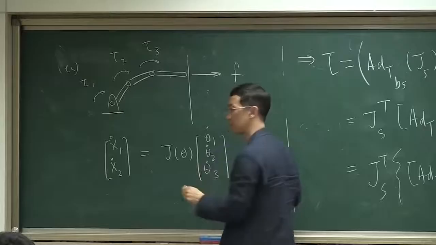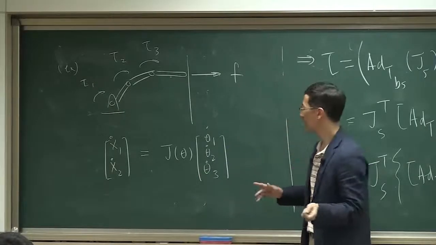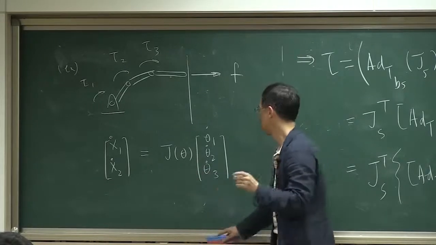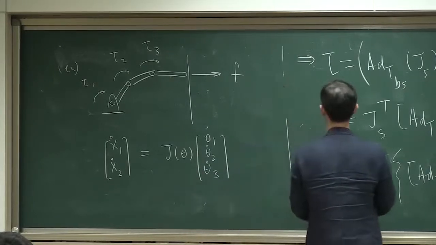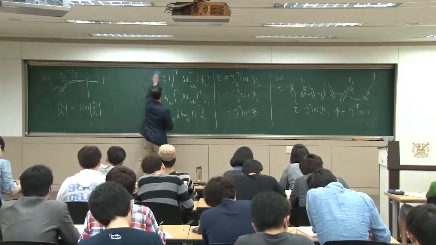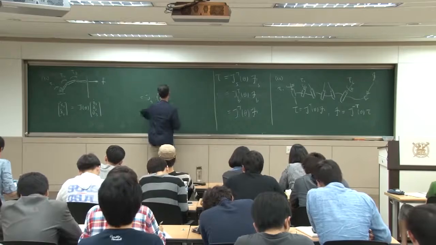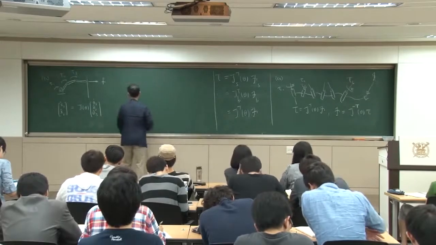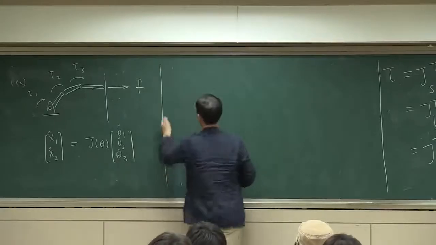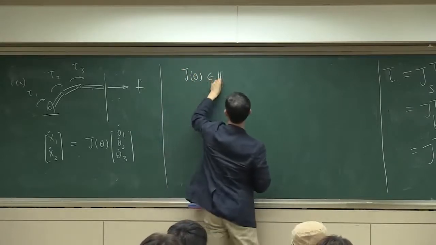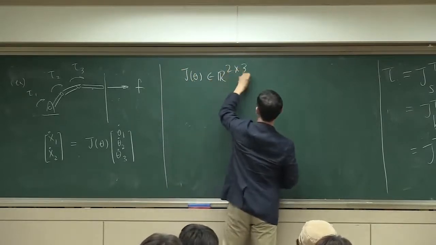So this suggests to me that this Jacobian is a 2 by 3 matrix.